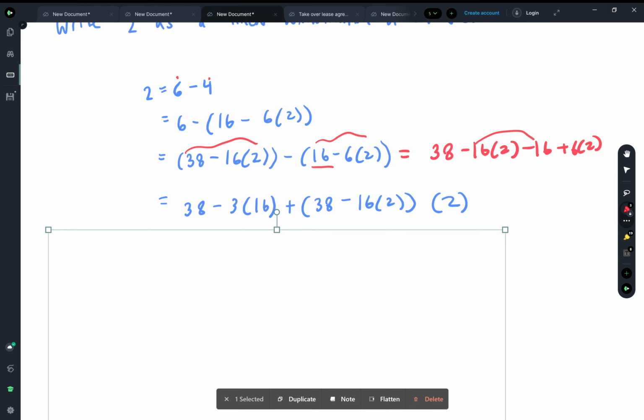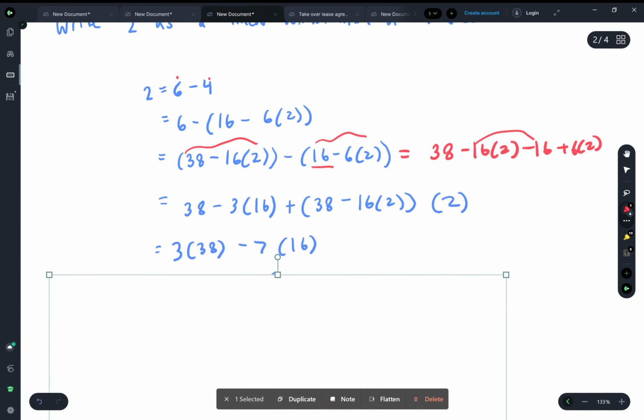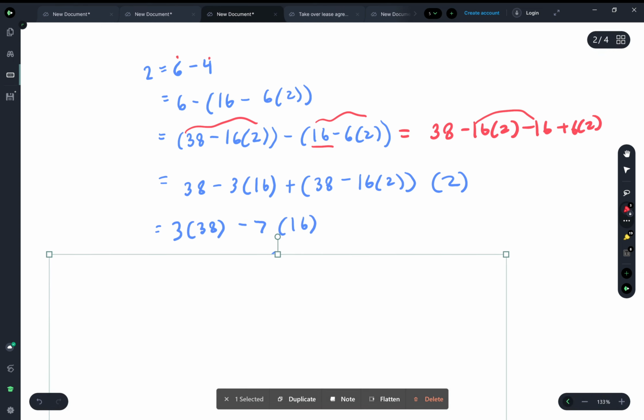So now moving forward, we continue simplifying, and we do something similar. We combine all the 16s.